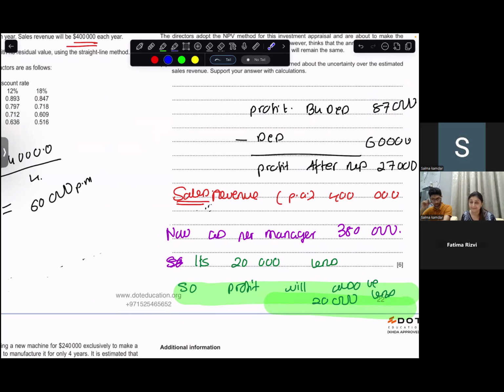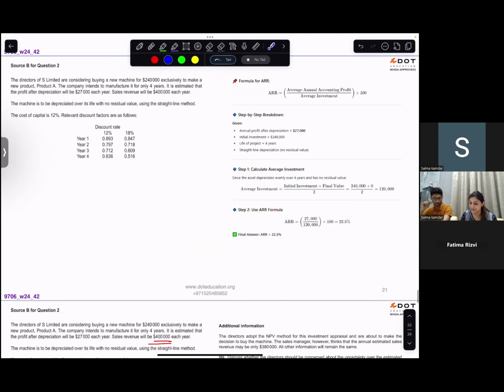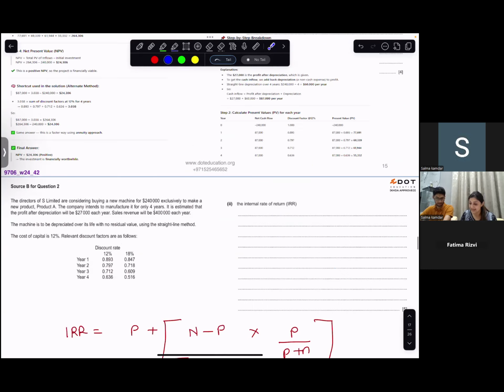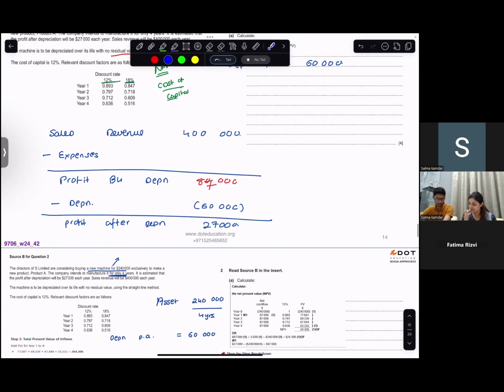Please think over it. But the sales doesn't mean it's profit, right? We had this format that I gave you: sales minus expenses gives the profit before depreciation. That was the inflow.